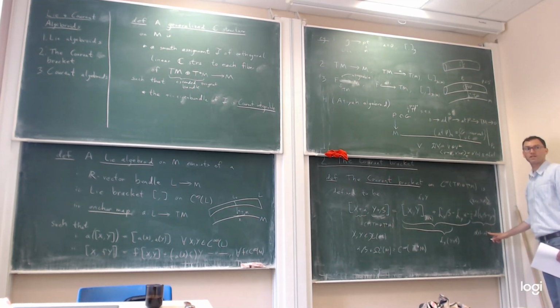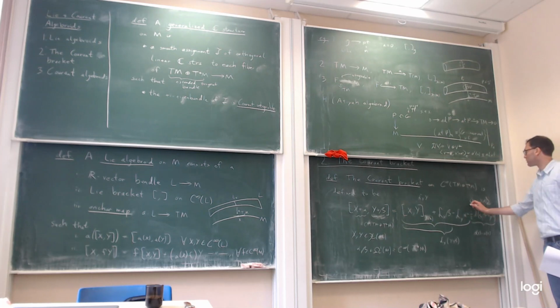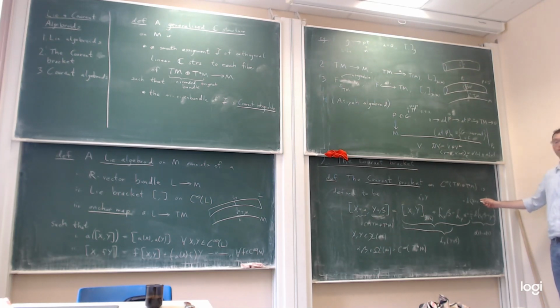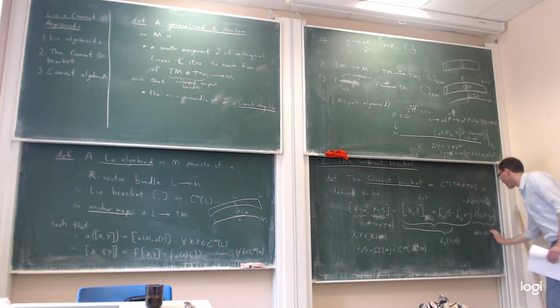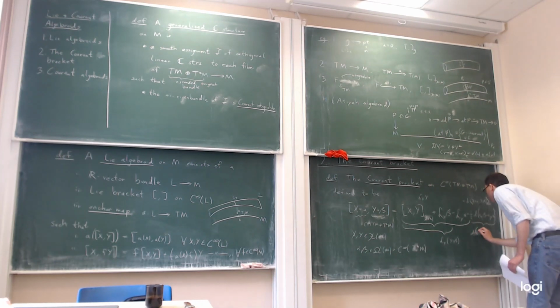Is that okay? To write out the full term, it's the exterior derivative of this. So how about I write it here. This whole term here is d of the bilinear form of x plus alpha, y plus beta, with the minus sign.